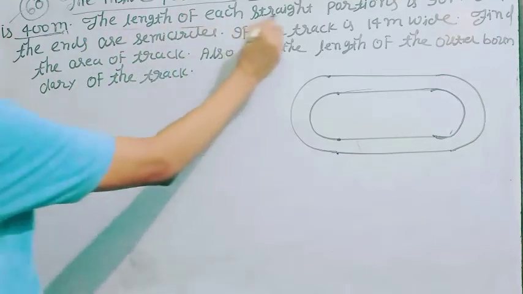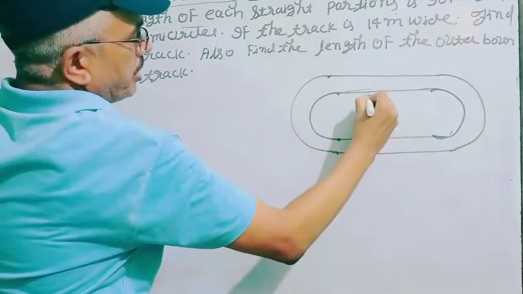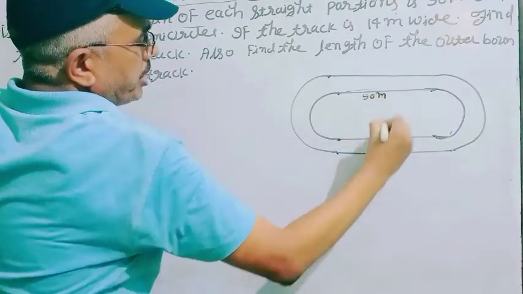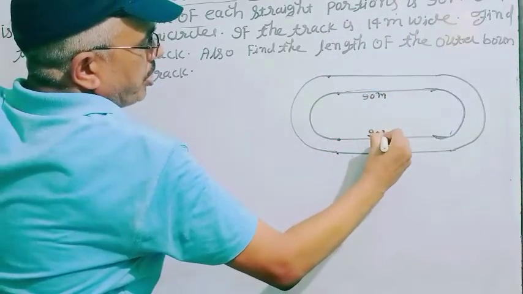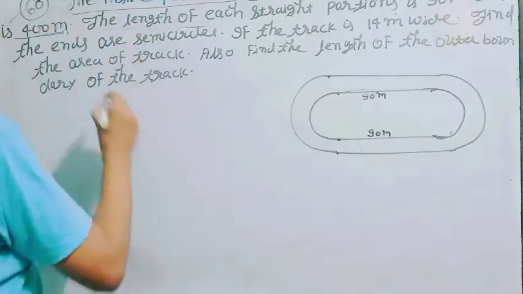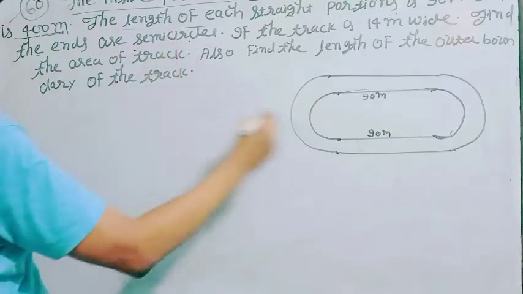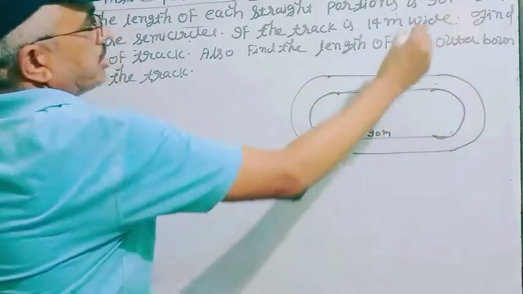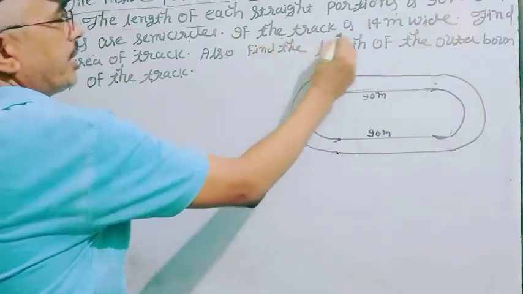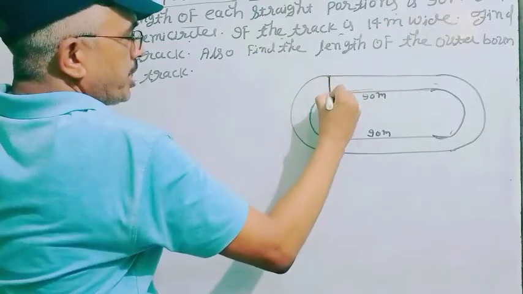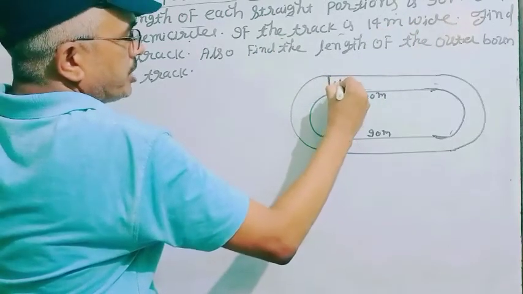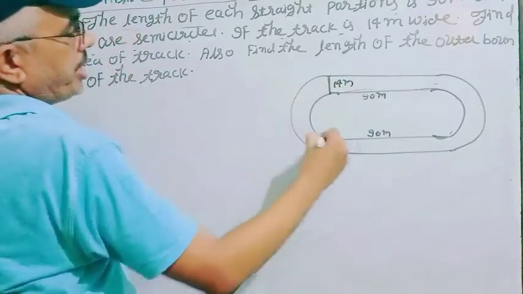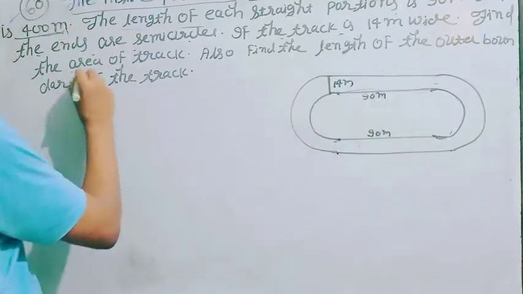The length of each straight portion is 90 meter. It is a straight portion, given 90 meter. It is also given 90 meter. And inside are the semicircles, on both sides. If the track is 14 meter wide, that means the width is given 14 meter everywhere, then find the area of the track.